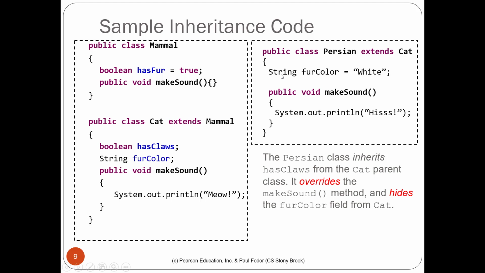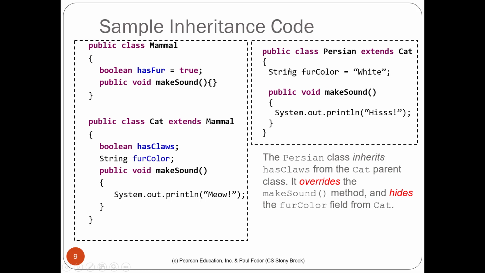And what do we have in the Persian class? Well, we are defining a data member which is fur color, but this fur color is actually hiding the fur color right here. I explained that right in my demo, and you will find more systematic discussion right here in this paragraph. So the Persian class inherits has claws from the cat.